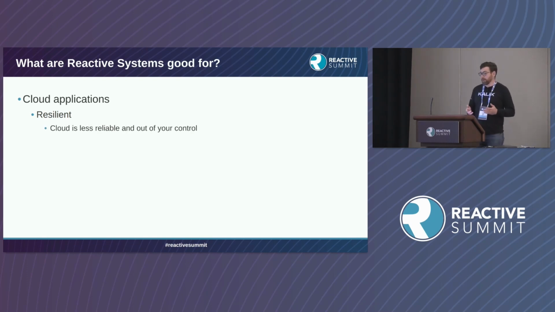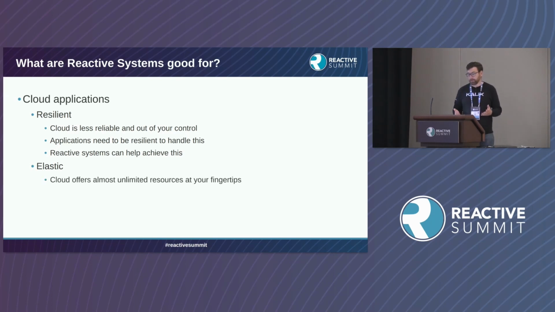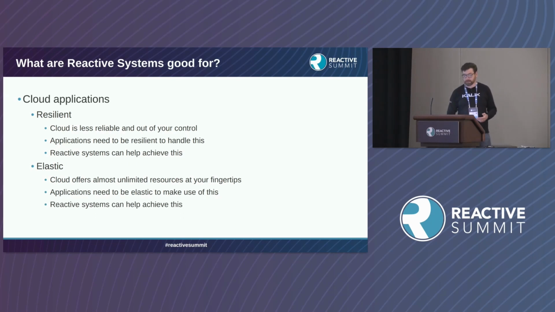The cloud is less reliable, it's not in your control, you're not actually running things, so you need to make sure that it's resilient, and reactive systems can help achieve this. And cloud applications also had to be elastic, because cloud offers almost unlimited resources at your fingertips, but to be able to make use of those resources, your applications need to be elastic, and reactive systems help achieve that.